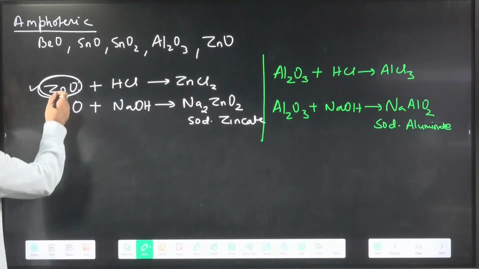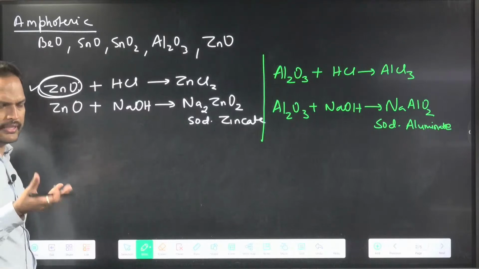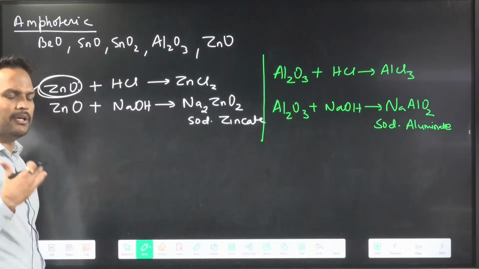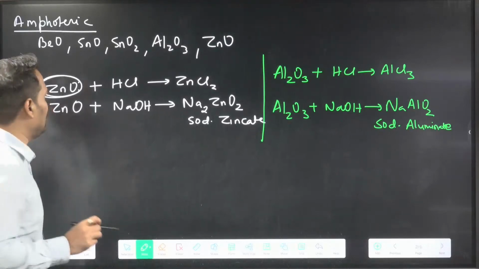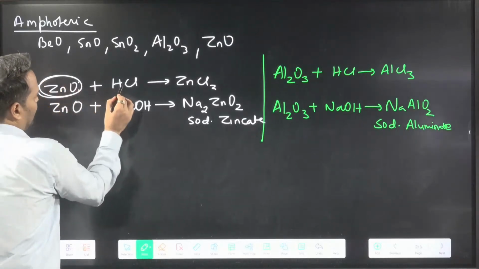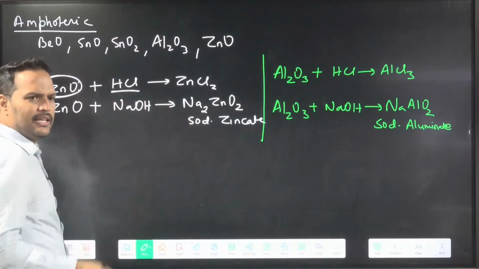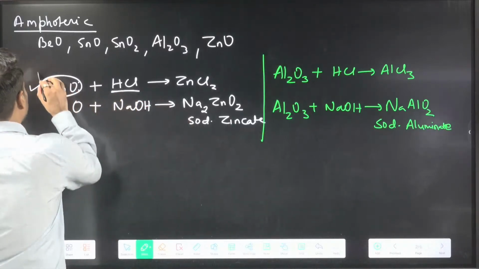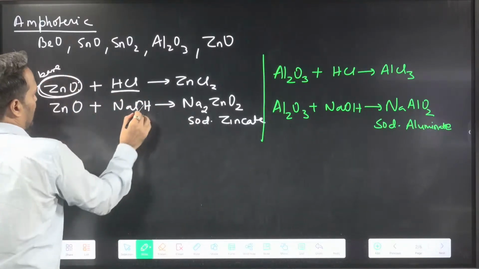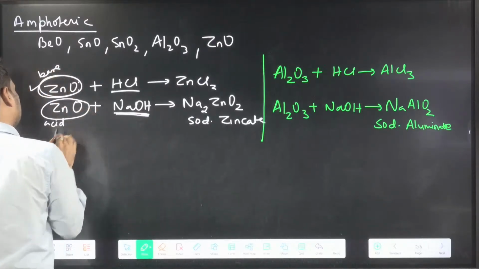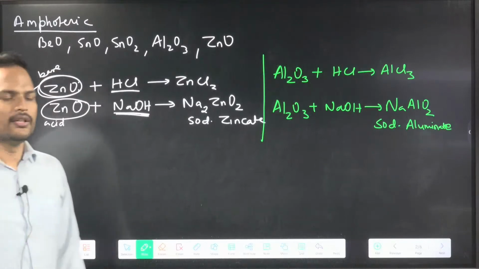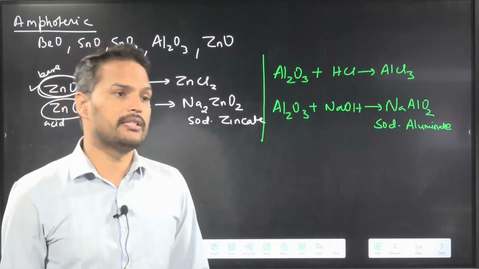In the first reaction, we know it can act as both. But they are asking what it is acting as in the first reaction. So you have to see like this. You are reacting with an acid. We know HCl is an acid. So if this is an acid, this should be base. If this is a base, then this should be acid. Clear?